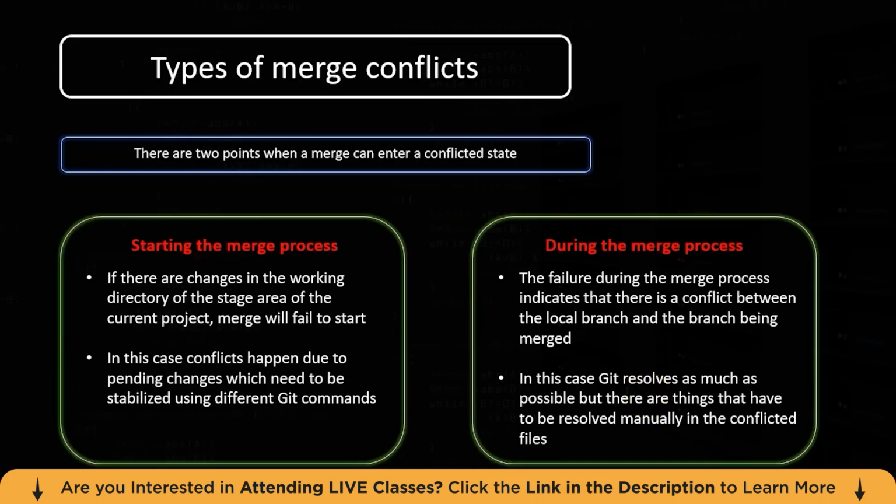If there is any kind of difference in the source code or the commits, Git automatically tries to resolve it as much as possible, but when it's not able to manage, human intervention is required so that we can resolve these conflicts manually.